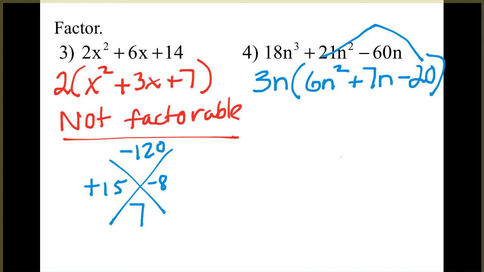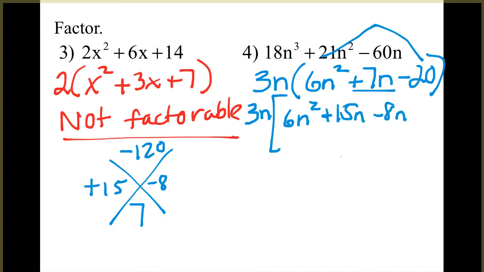So what I am left with is 3n. And now I'm going to keep the first term, 6n squared. I'm breaking my 7n into plus 15n and minus 8n minus 20.